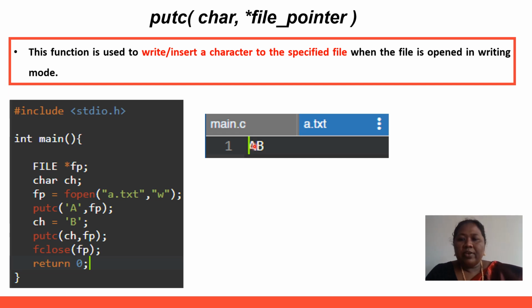If you read that data, then with the help of putc you can send it back to the file. It takes two arguments. The first one is the character, that is, which input you want to send, and the second one is the file pointer. Here you can mention a variable name, or otherwise you can put the value straight away. So that's the use of the putc function.